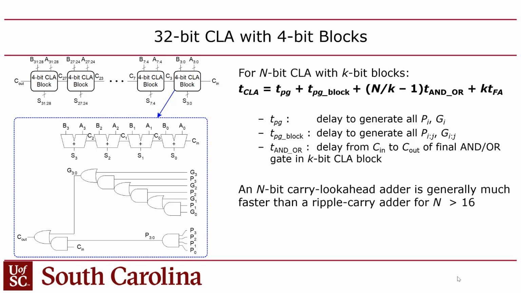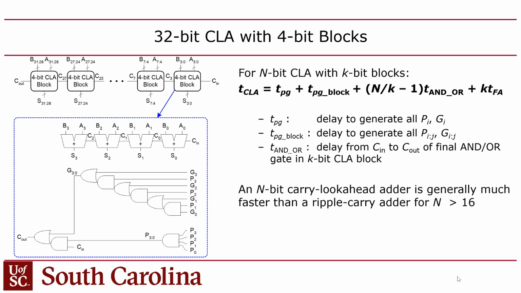But it should be easy to see why this AND-OR is scaling not by n, but by n divided by k, right? Because you're not doing 32 of these, you're doing basically 8 of these, and that's the bottleneck.